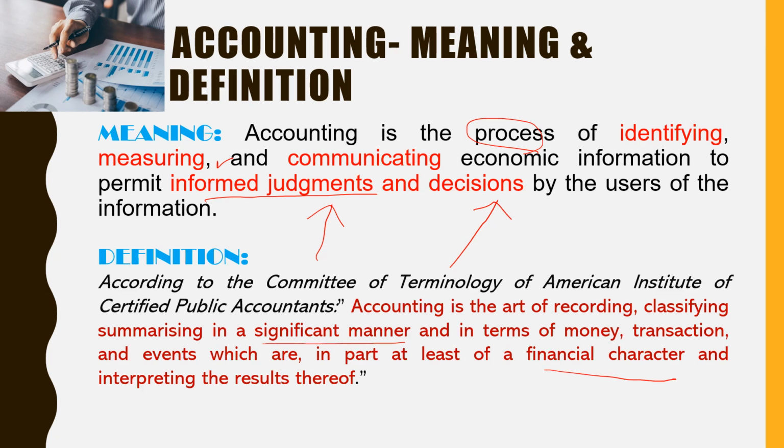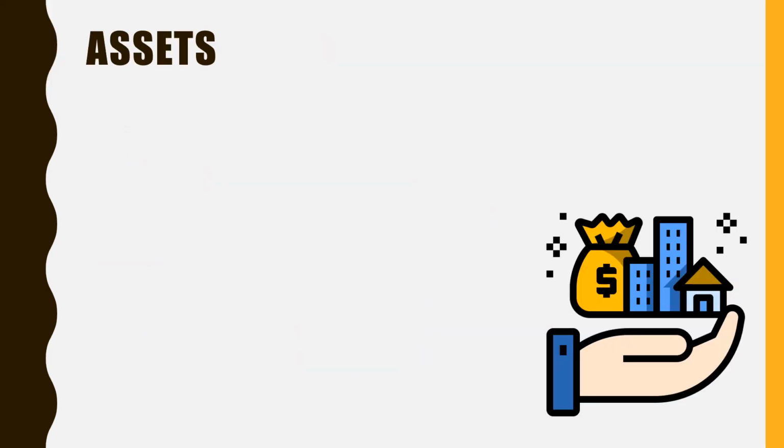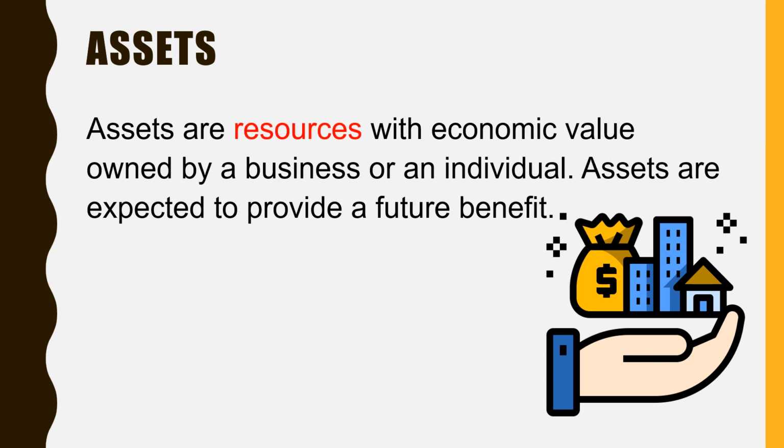Now we can discuss one of the most important concepts in accounting, that is known as assets. What is the meaning of an asset? Assets are resources with an economic value owned by a business or an individual. Assets are generally expected to provide a future benefit.